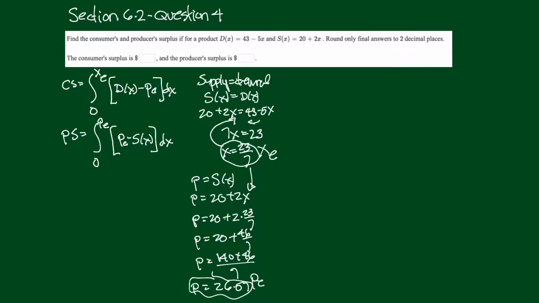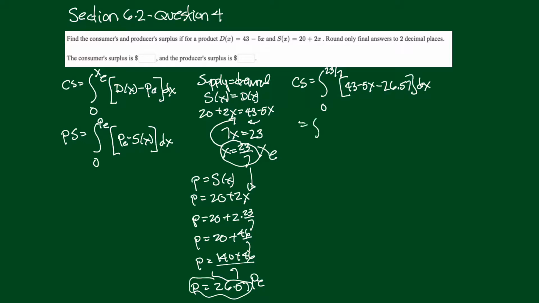All right, so we've got P, and here's x sub e, and now we have p sub e. So we should be able to evaluate each one of these integrals. Let's try consumer surplus. We're going to go from 0 to 23 over 7 of the demand function, which is 43 minus 5x, minus the equilibrium price, which we found to be 26.57, dx.